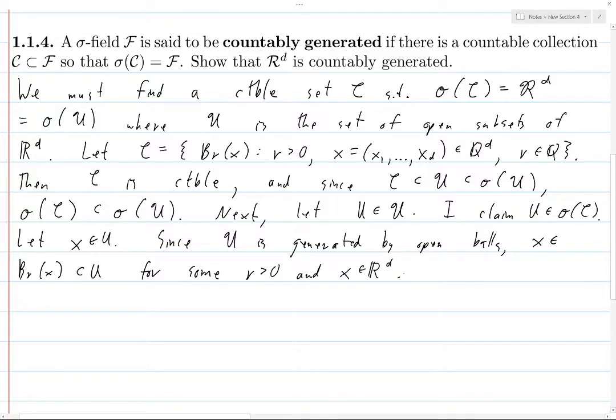Oh, I guess I should have said this. When I say B_r(x), this is the ball of radius r centered at x. So B_r(x) consists of all points y such that the distance between x and y is strictly less than r. Alright, so anyways, with that out of the way, let's continue.